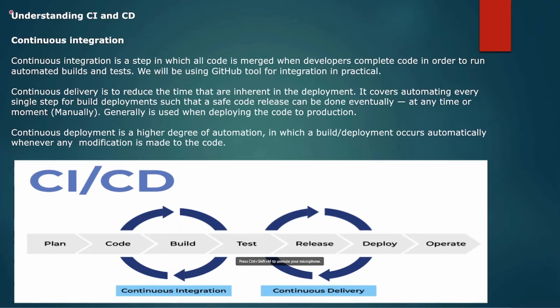So the developer takes the work given to him, starts the coding on his PC, and once the coding is done, he or she will push their code to the staging server. First of all, the code always goes to the staging server.